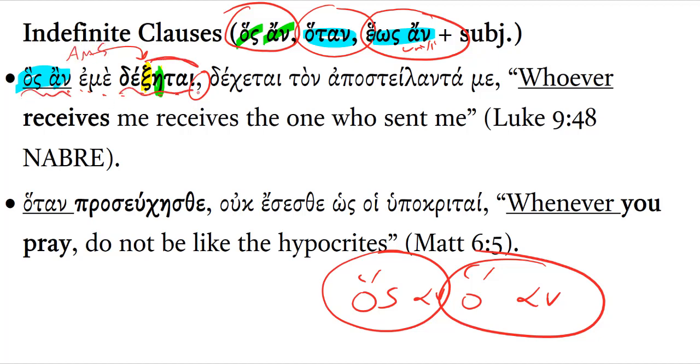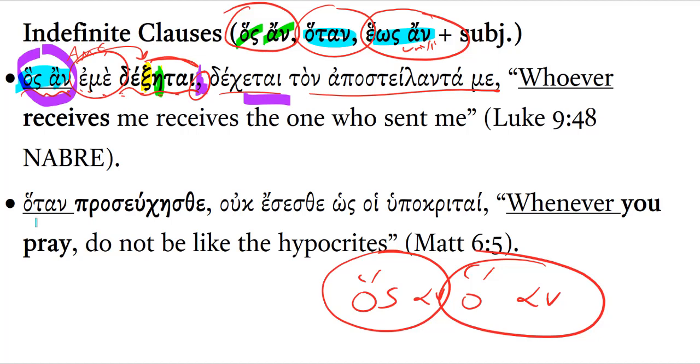Whoever receives me, receives the one who sent me. Notice when there's a punctuation mark, like a comma or a period, that stops the subjunctive influence. The introductory word says subjunctive's coming, but once there is a comma or period, the air is clear again, and you'll have indicative moods.